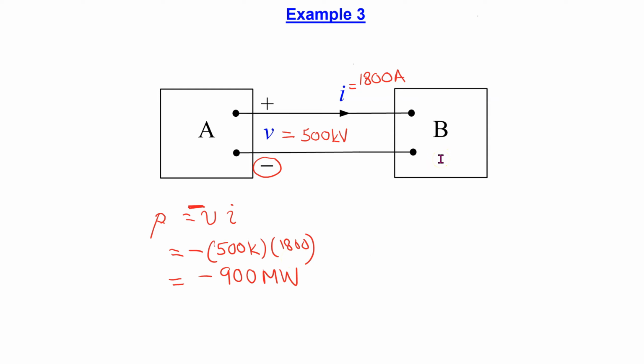For circuit element B, power is voltage times the current. We can see that the conventional current is entering the terminal marked plus. Therefore, we use the power formula with a plus sign and then substitute values.